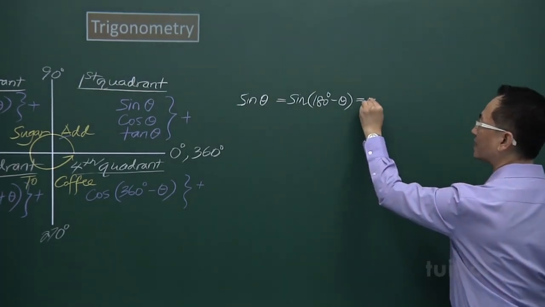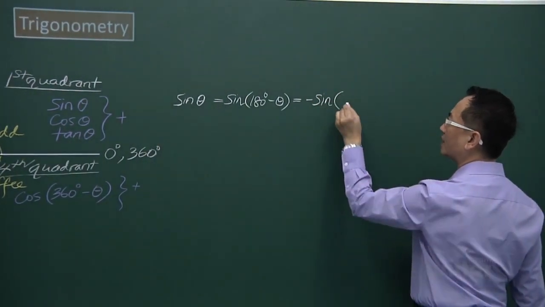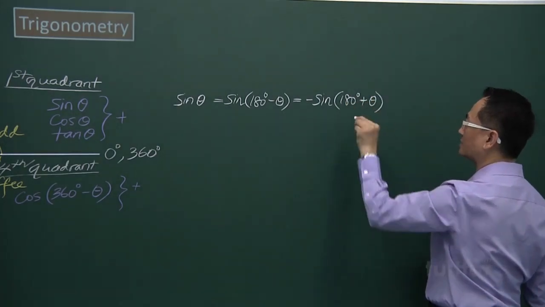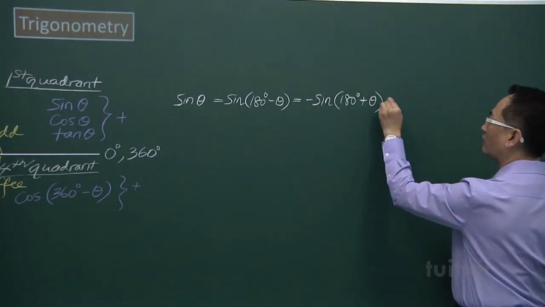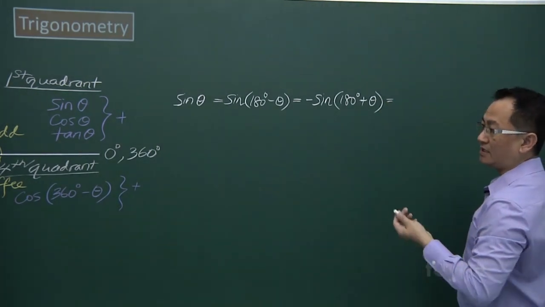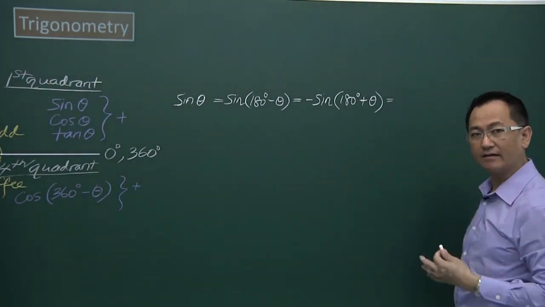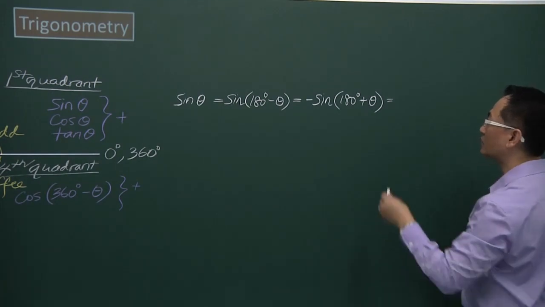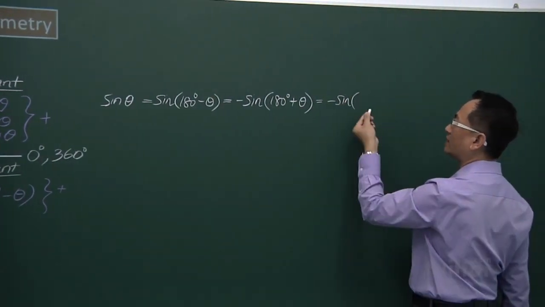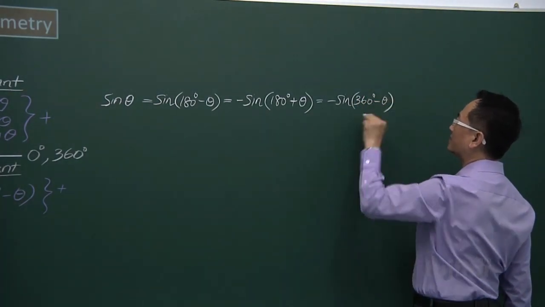So to compensate that, I put a negative in front. So negative sine bracket 180 degrees plus the basic angle. Then coming to the fourth quadrant angle, you can see that in the fourth quadrant, sine will give me a negative value. So here, negative sine bracket 360 minus theta.